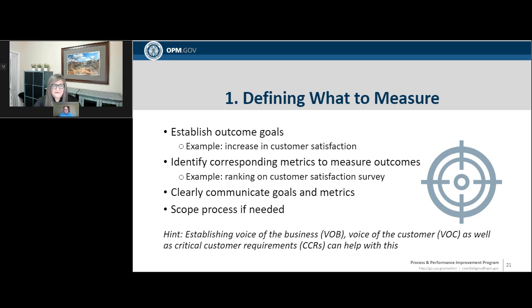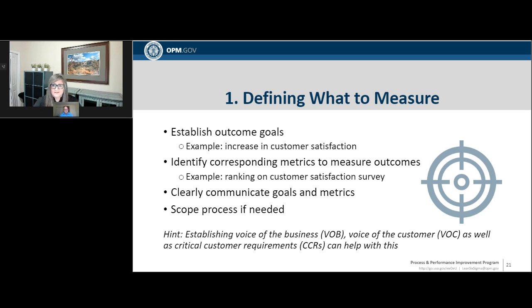So if we talk about the example I had used earlier with a goal of increasing customer satisfaction or potentially decreasing hiring timelines, we could think about what metrics would be most appropriate for that. Would that be an assessment of our customer experience or their customer satisfaction survey scores?